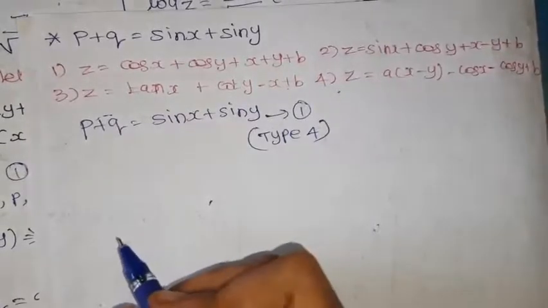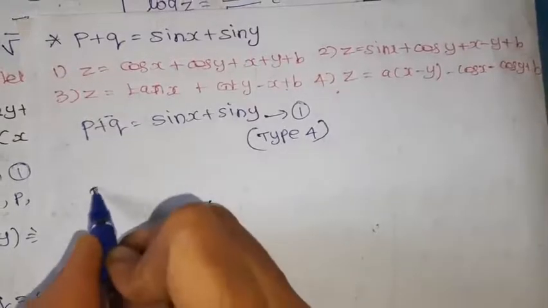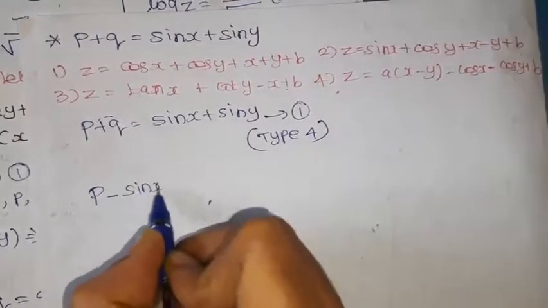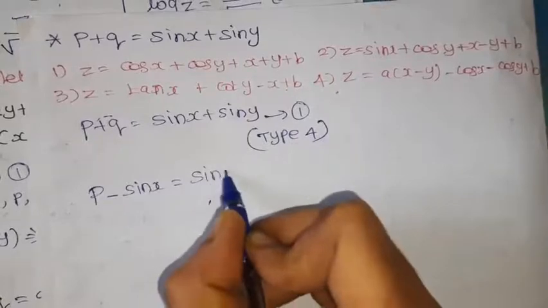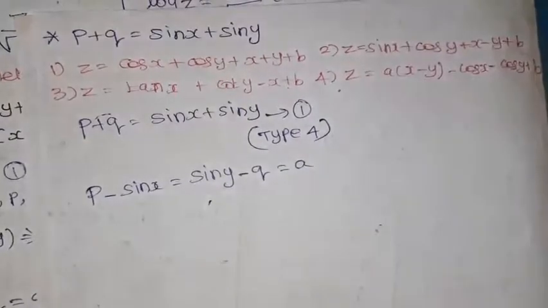Then what we need to do? Separate p and x on one side and q and y on the other side. So p minus sin x equal to sin y minus q equal to some constant a.